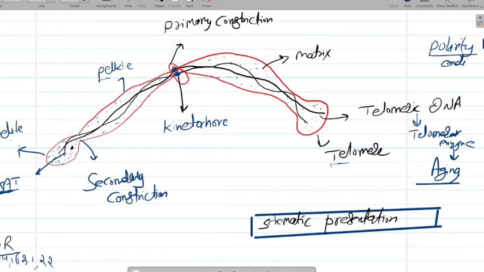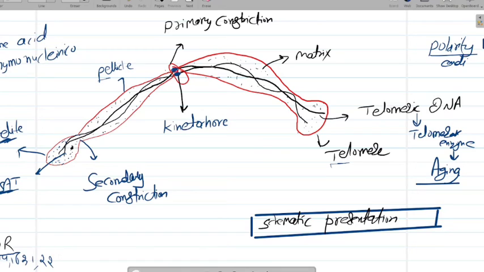Now come to the part of satellite and SAT. Beside the secondary constriction, the leftover part of the chromosome is called the satellite. If your chromosome has this satellite region, then we call it a SAT chromosome. SAT means sine acid thymonucleinico region.